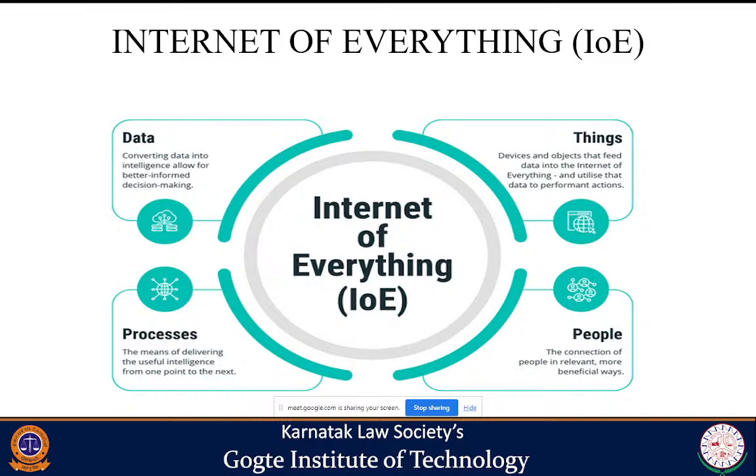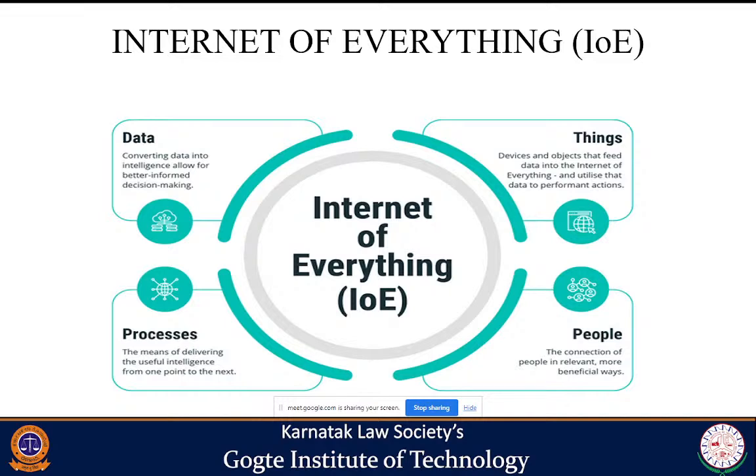And this data again is being implanted into the things, which are nothing but the physical devices and objects that feed data into the Internet of Everything, and this utilizes the data to perform particular actions. And these things again are being used by the people for their relevant or specific application in a more beneficial way.